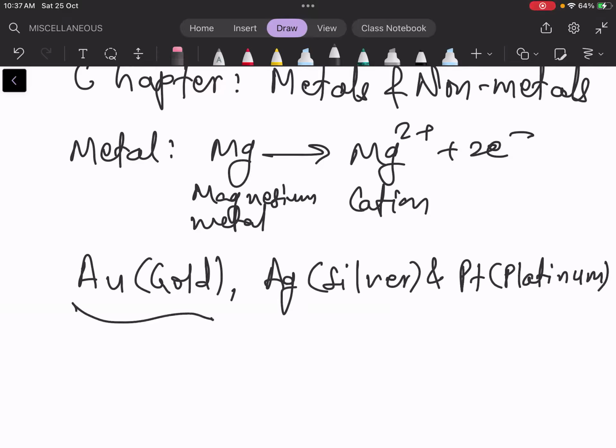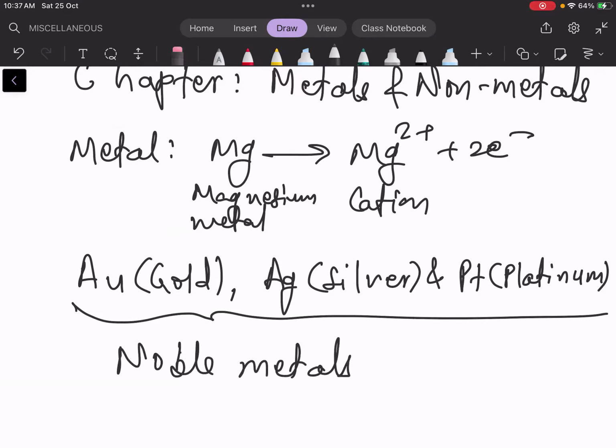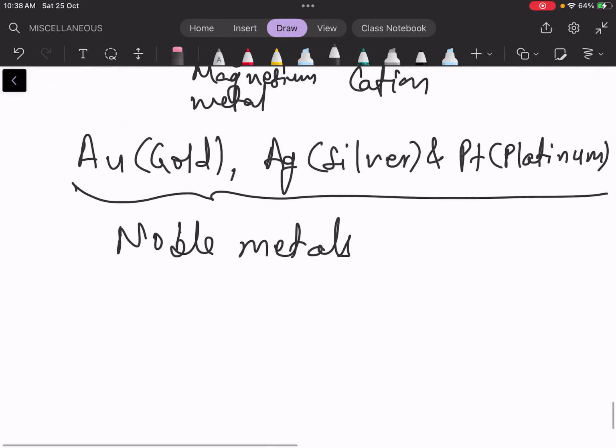They are called noble metals, since they are less reactive. These elements are less reactive. Is there any doubt?